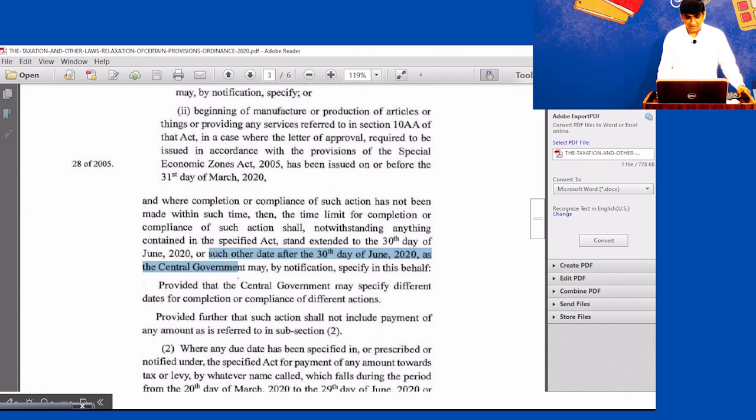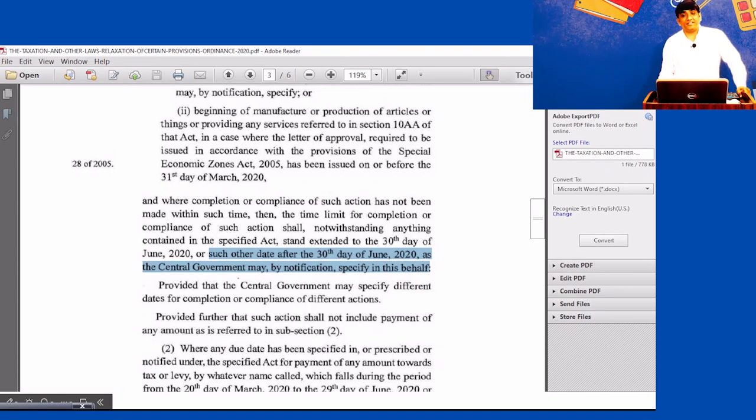Now see here another: or such other date. Now they have initially extended to 30th of June 2020. It also empowers the government to further extend beyond 30th of June, which you can see here: or such other date after the 30th of June 2020 as the central government may by notification specify in this behalf.